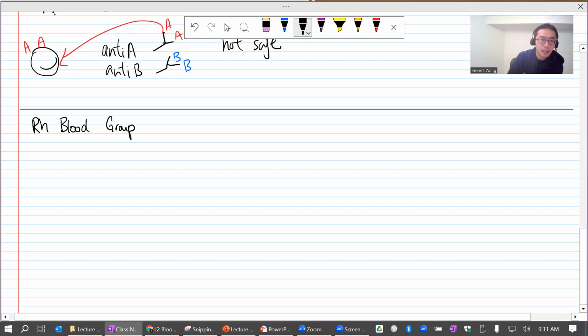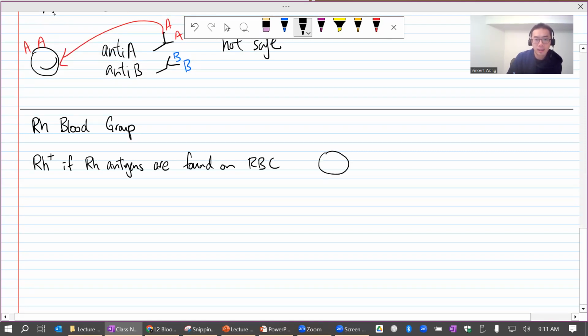A person is RH positive if RH antigens are found on RBC. There's the RBC. If we have RH on them, then it is RH positive.